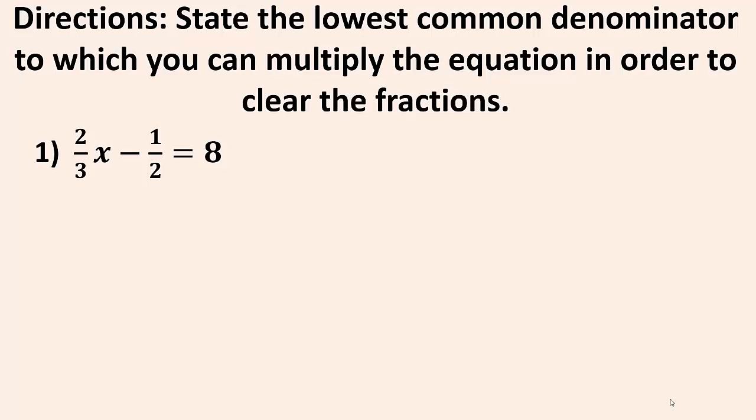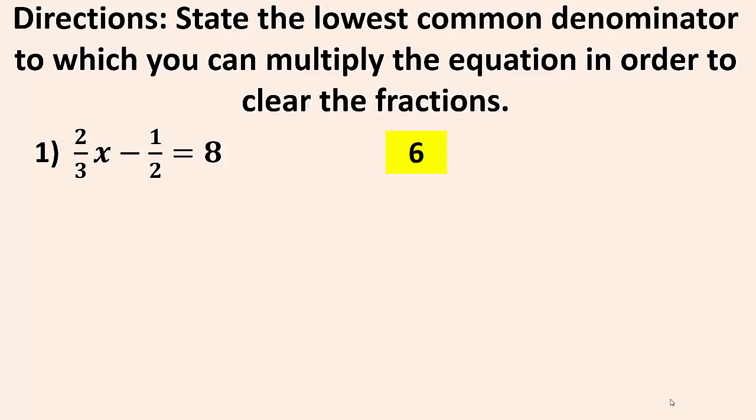So if I took the variable out of this equation, how would you add 2/3 plus negative 1/2? You would say, oh, they have a common denominator of 6. Yes, 6 is the common denominator.